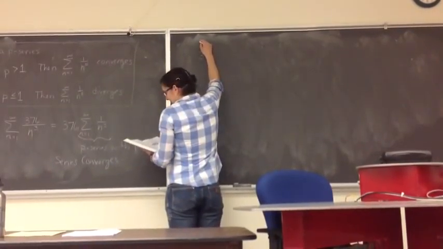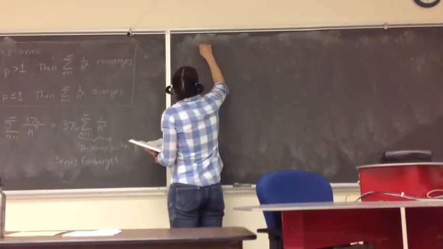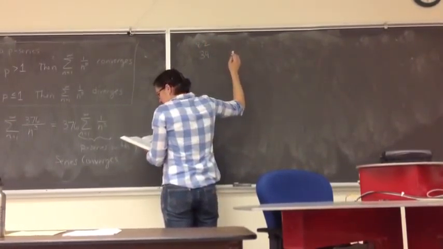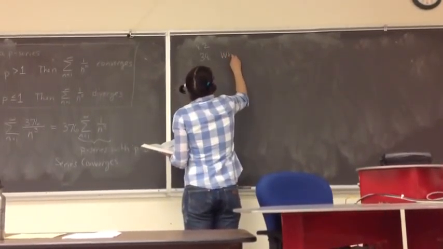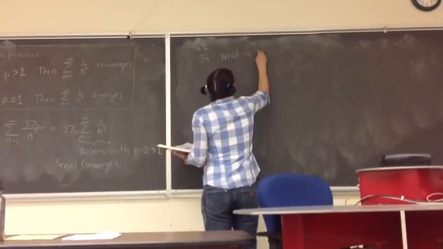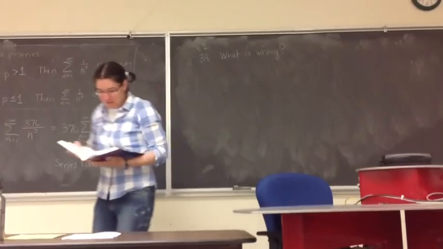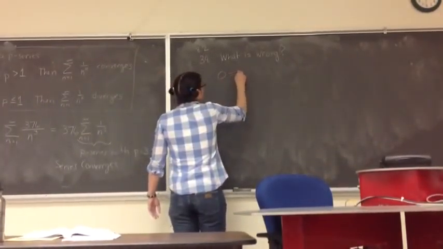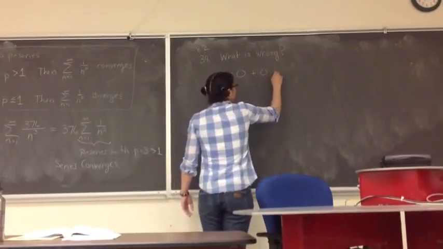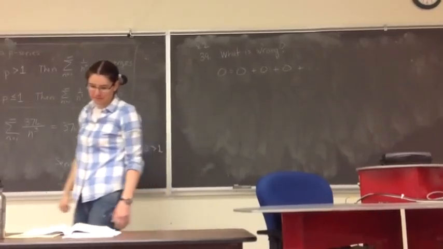39 seemed like an illegal step got made there. This is 8.2, number 39. That's not how you find it. So what is going on here? Okay, so we've got something that looks like 0 is equal to 0 plus 0 plus 0, and we have an infinite number of zeros all added up together.